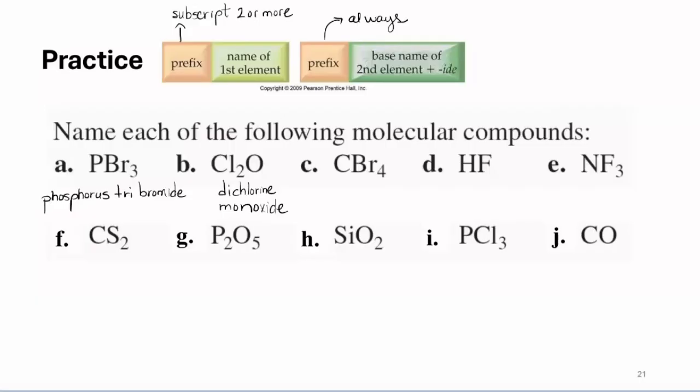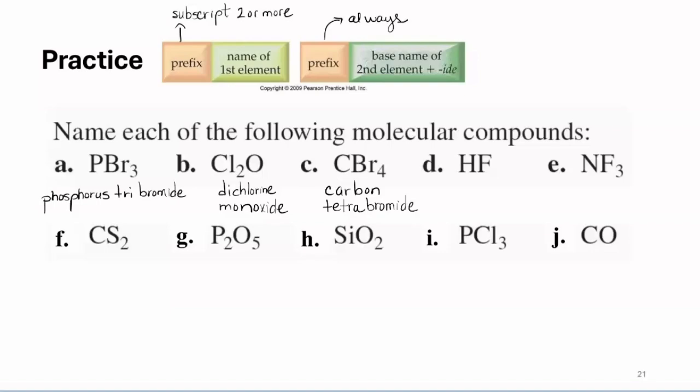Let's go over example C. In example C, we have carbon. Bromine has a subscript of 4. The prefix is called tetra. The name for bromine will be bromide.